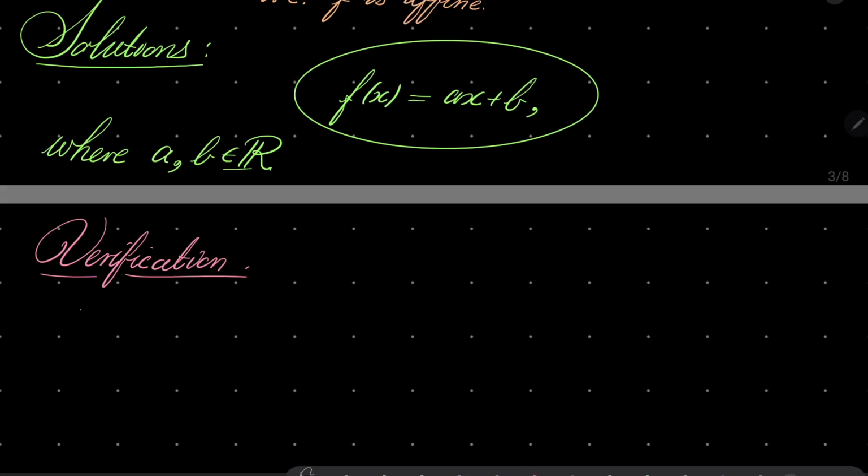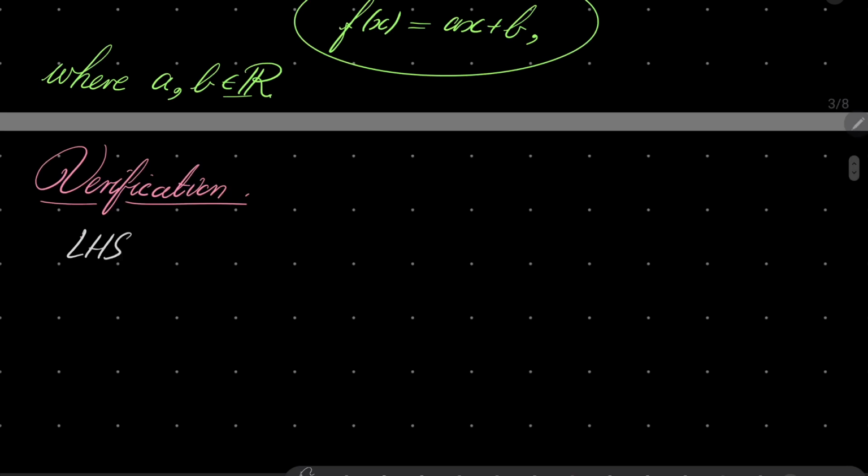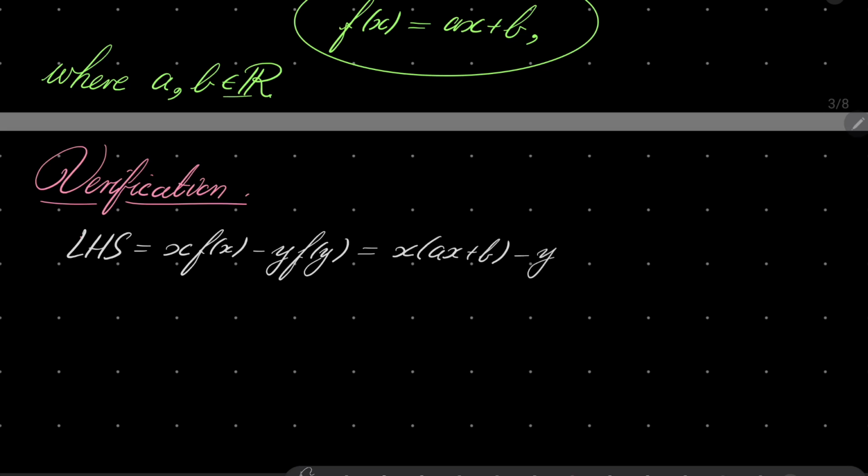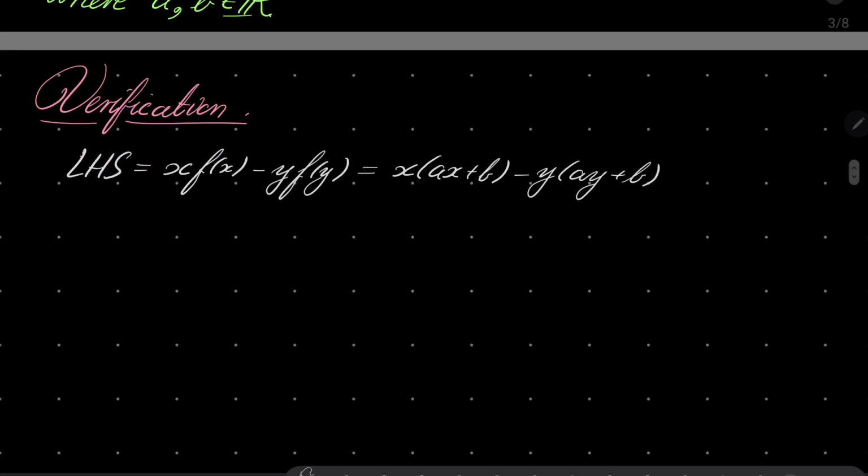On the left hand side, we have x f of x minus y f of y, which is x times (ax plus b) minus y times (ay plus b), which is ax squared minus ay squared plus bx minus by.